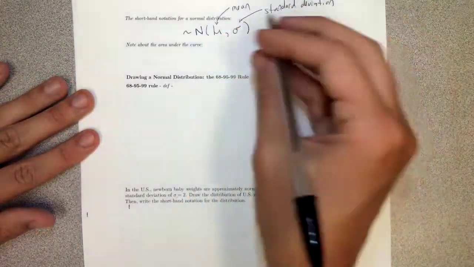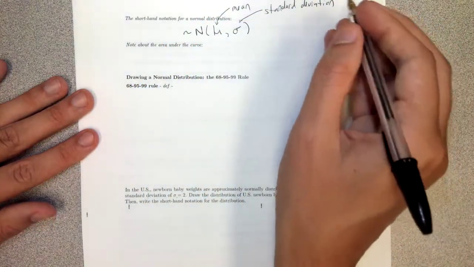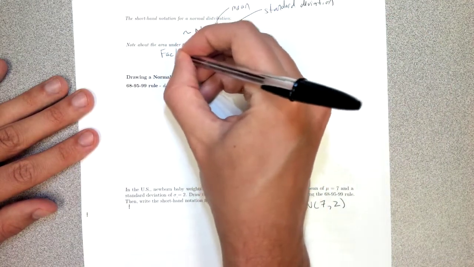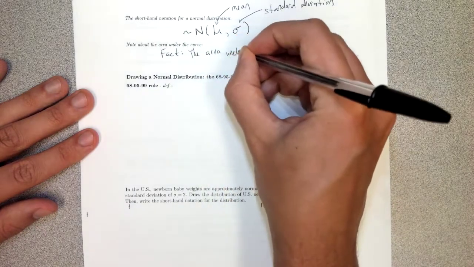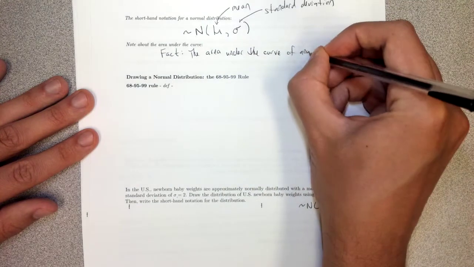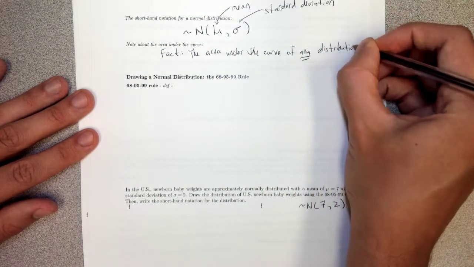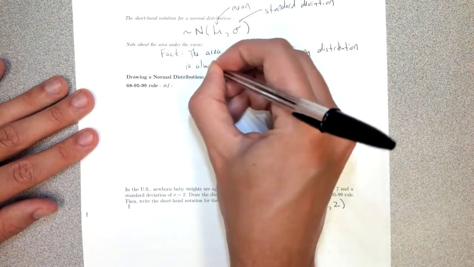All right, so that's jumping ahead a little bit. And then we've got this final note about the area under the normal distribution curve. We're just taking this as fact that the area under the curve of any distribution, not just the normal distribution, but any, is always equal to 1.